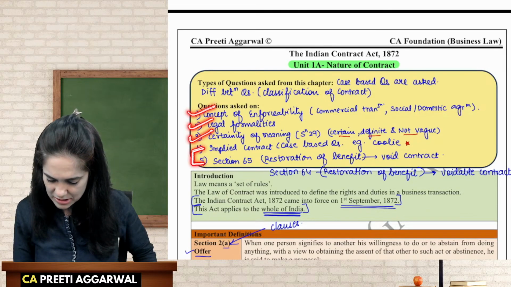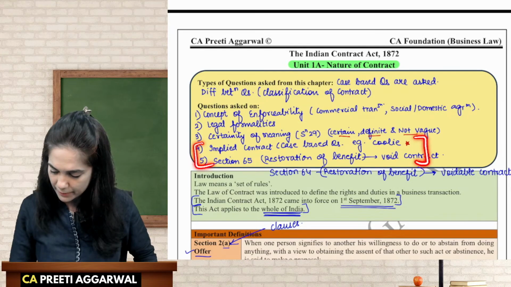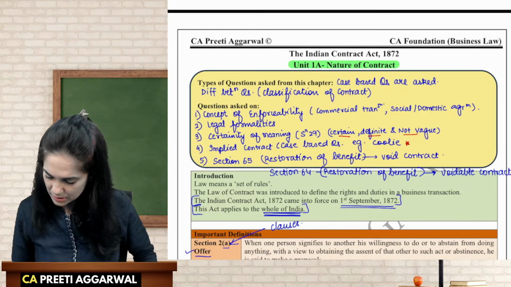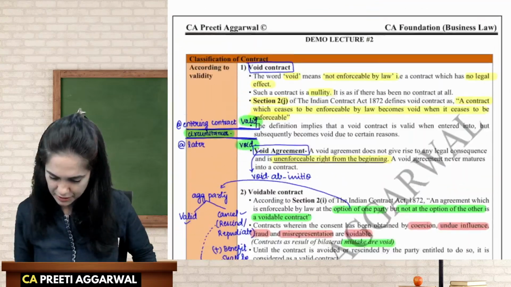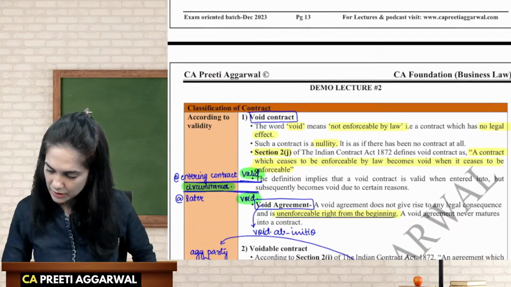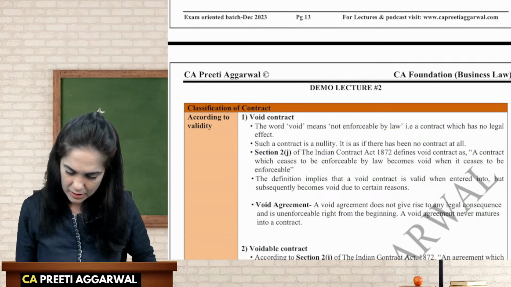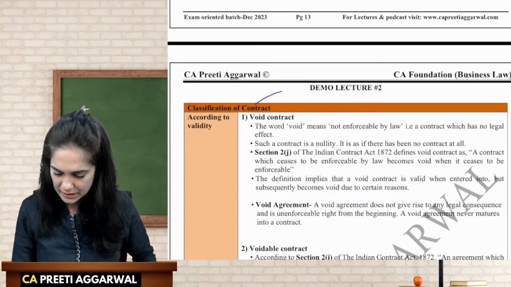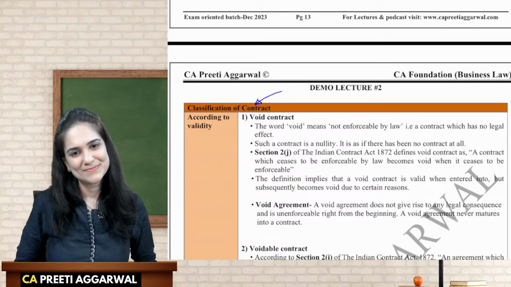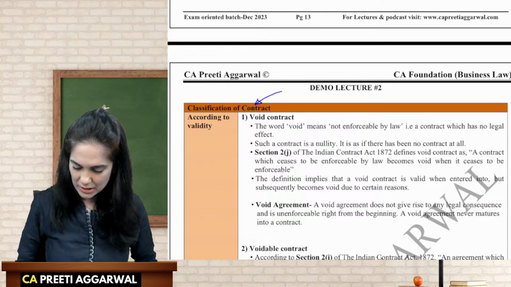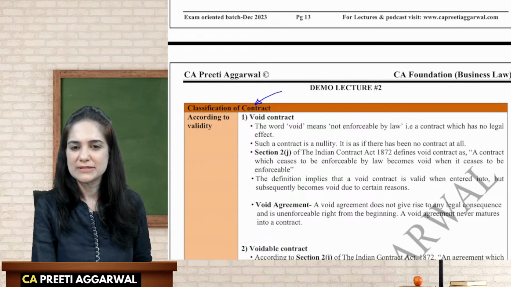This I will discuss tomorrow, because tomorrow we are going to study classification of contract. And with that we will complete our first chapter. First unit will get over. So tomorrow we will discuss classification of contract.